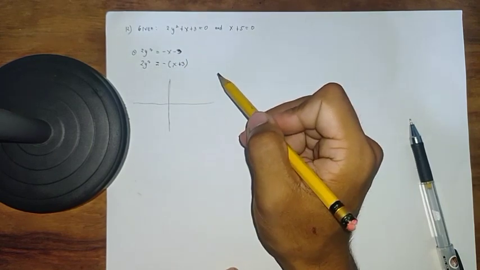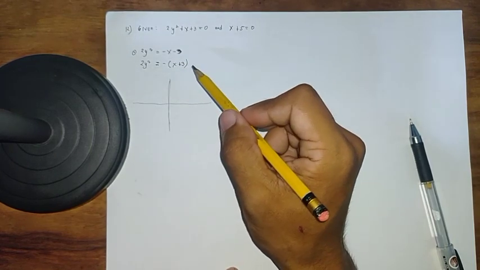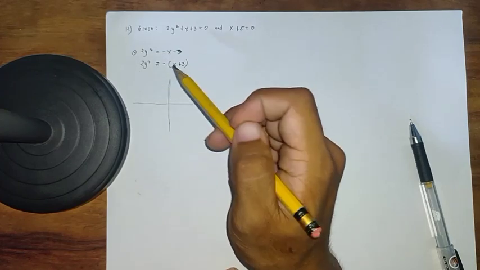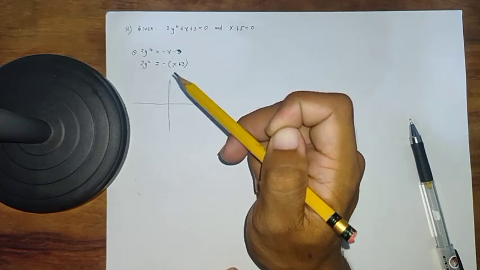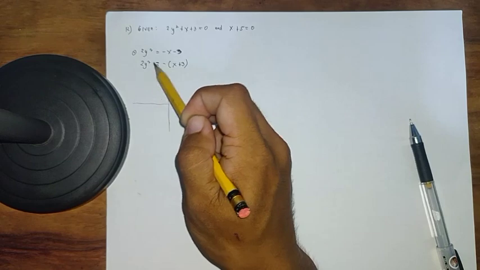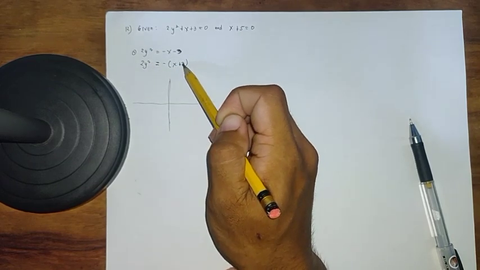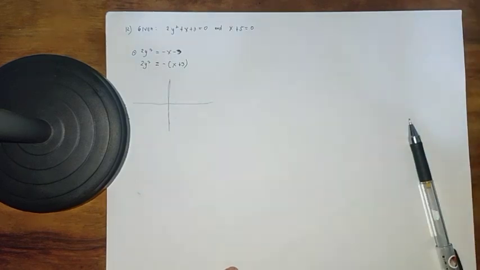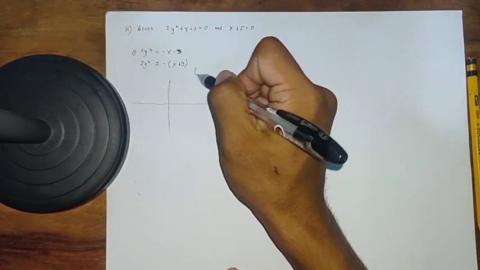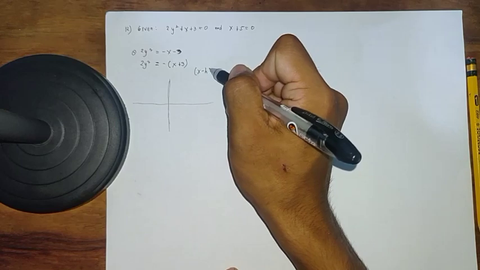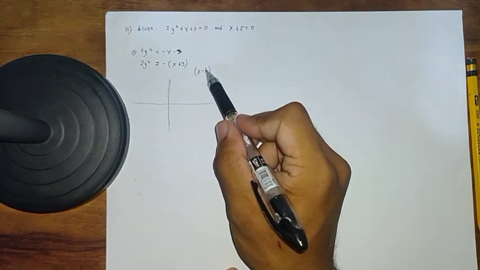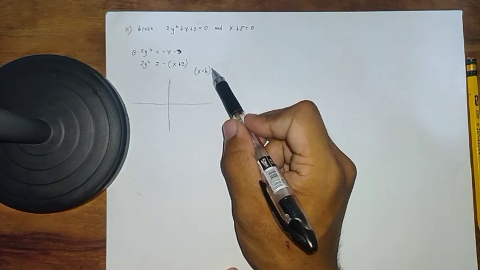Pero kailangan muna nating hanapin yung vertex. Yung vertex niya, yung coordinate value ng y is 0 kasi makikita natin dito na 0 na siya. Dito naman, makikita natin na kapag doon sa equation na x minus h, wherein yung h is yung coordinate ng x.